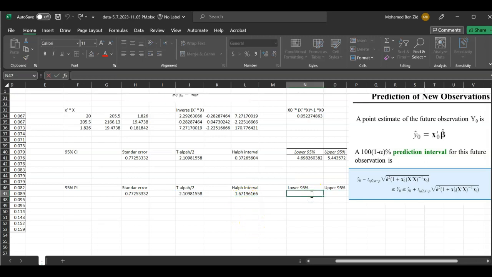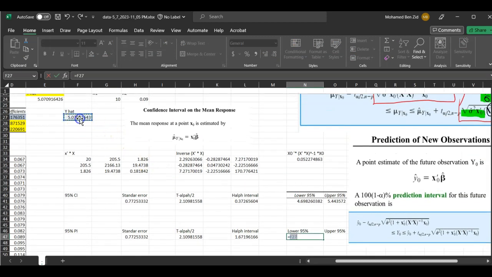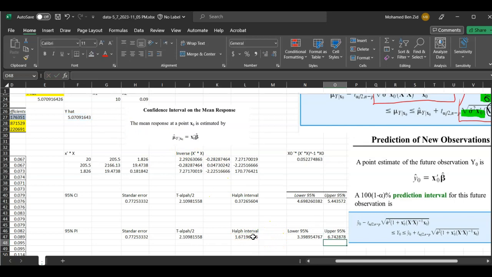Now we do an equal sign. We go to the y hat, which we calculated right here, and then we take away the value of the half interval. Enter. And for the upper side, equal sign, click on the y hat again, and then plus the half interval value, enter.